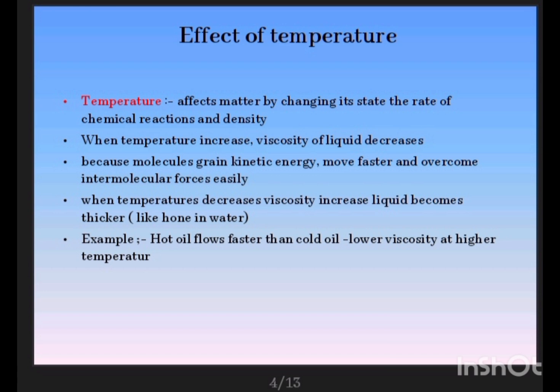When the temperature decreases, viscosity increases and liquids become thicker, like honey. For example, hot oil flows faster than cold oil because it has a lower viscosity at higher temperature.